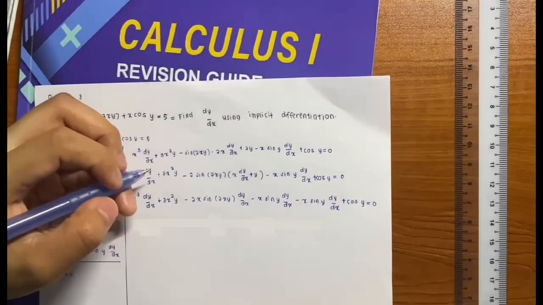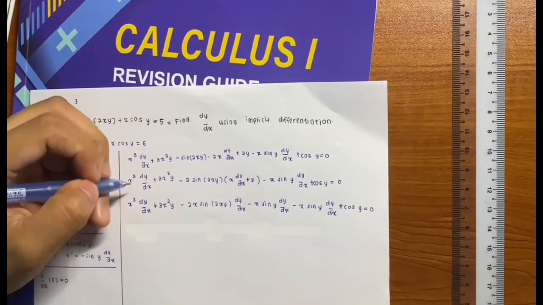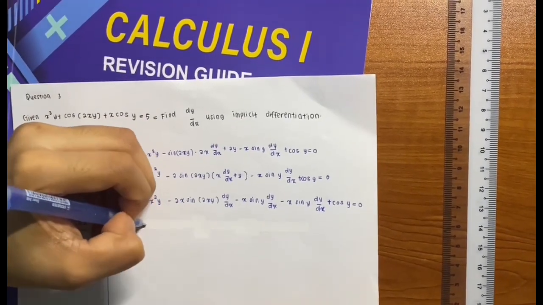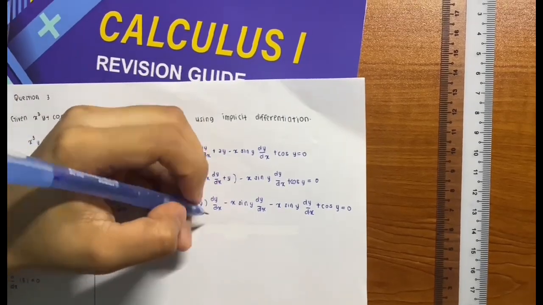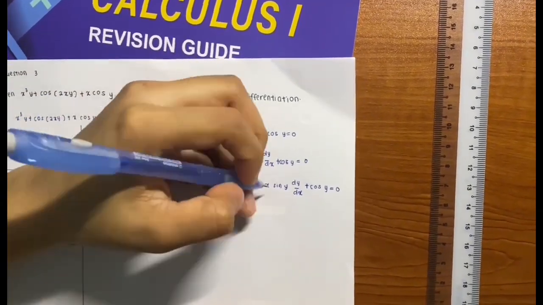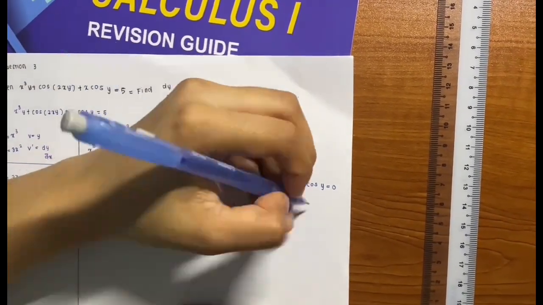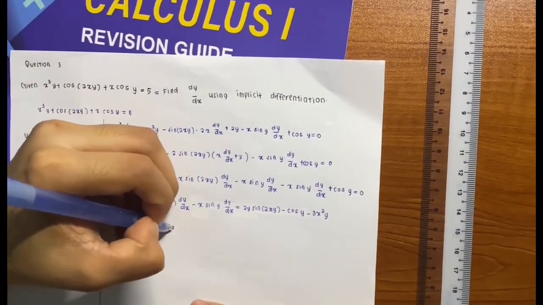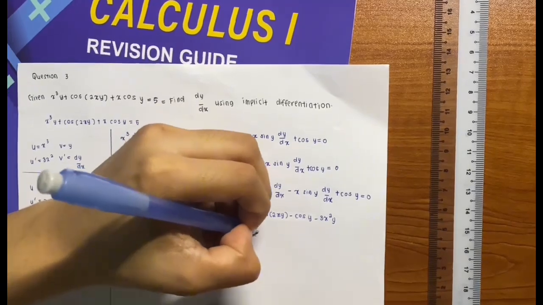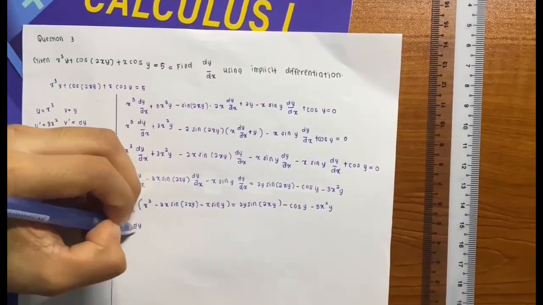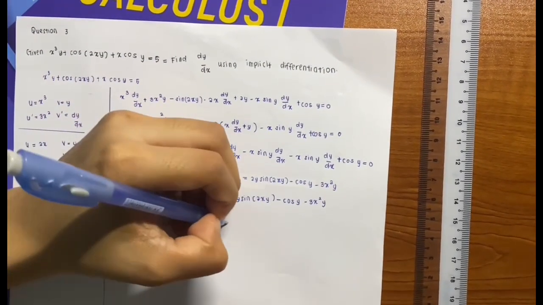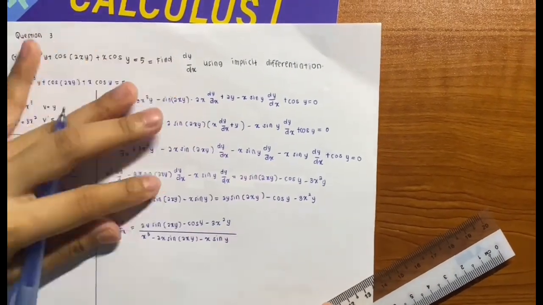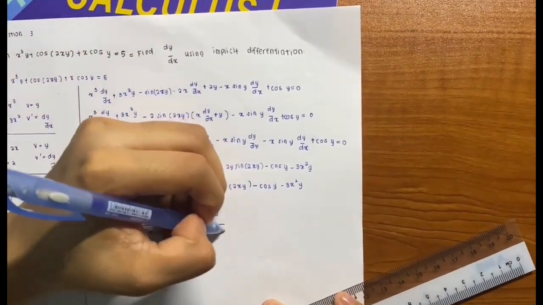Then we separate the terms that do not have dy dx and the terms that have dy dx. So this is our final answer.